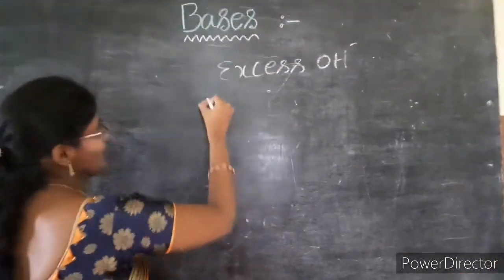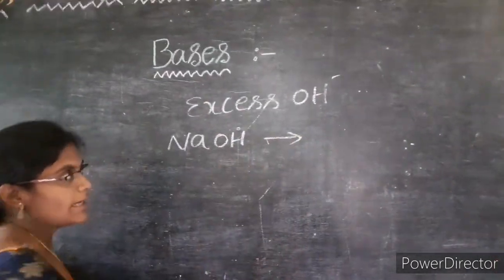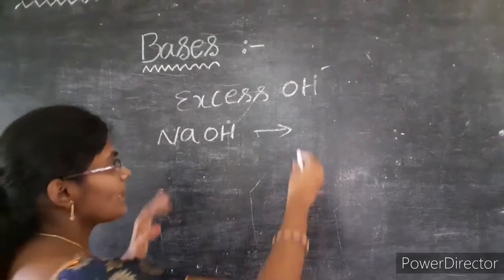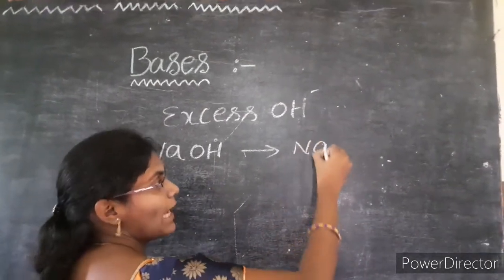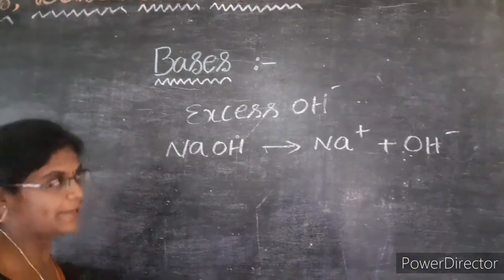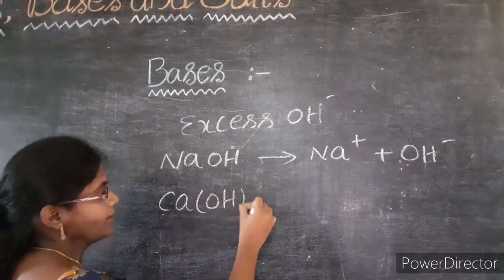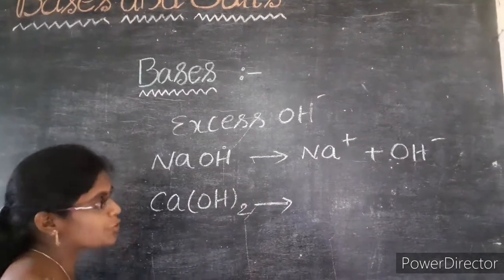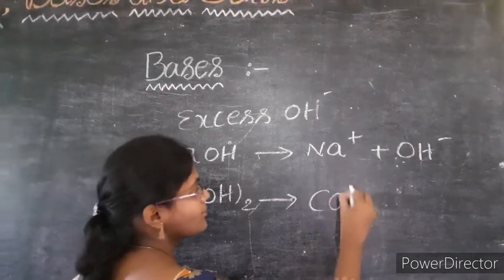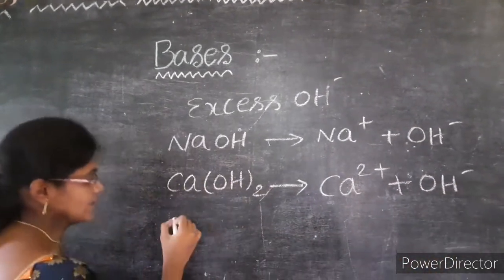For example, if you consider NaOH, in NaOH aqueous solution, it decomposes into Na plus and OH minus ions. Ca(OH)2 in aqueous solution decomposes into Ca2 plus and OH minus.